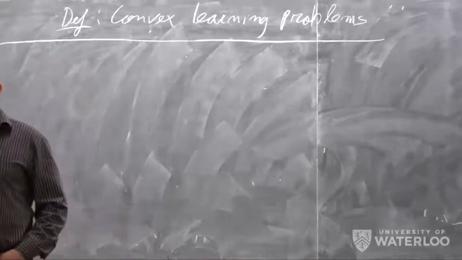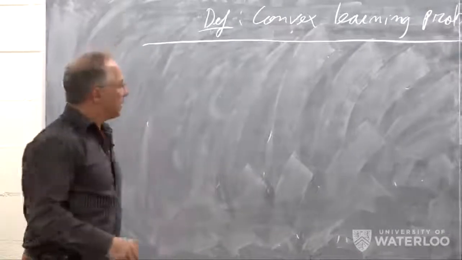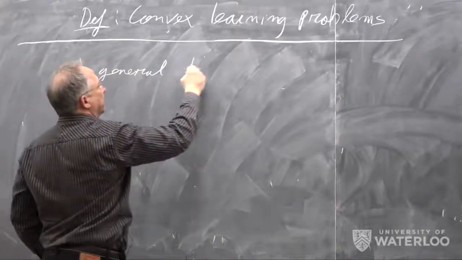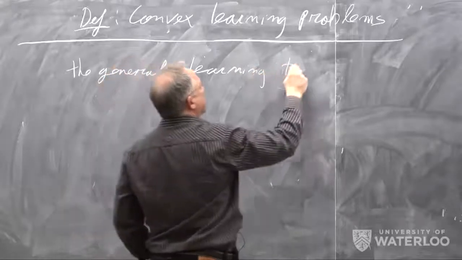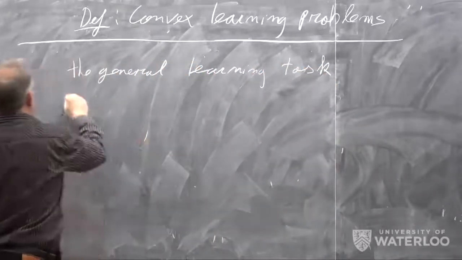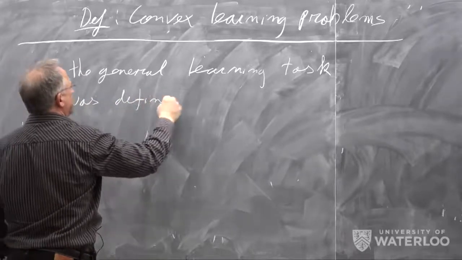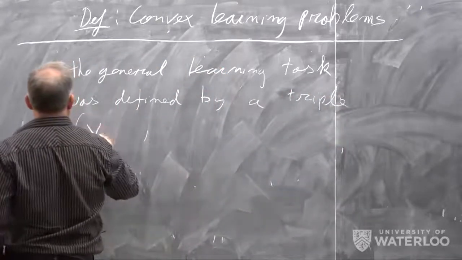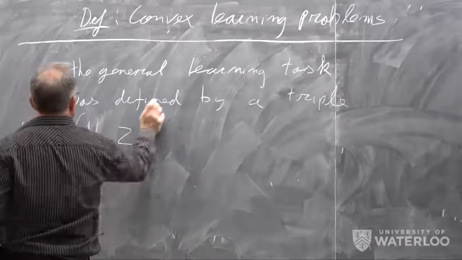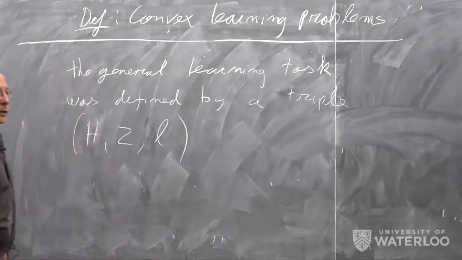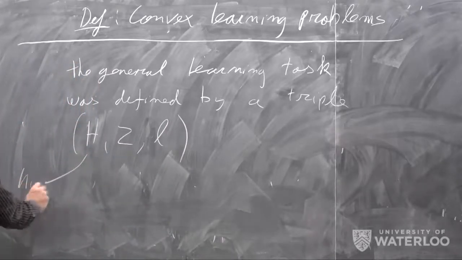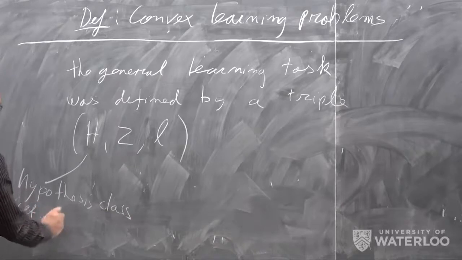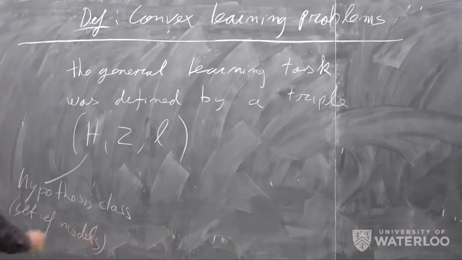So let me remind you the general setting of learning that we talked about. Our general learning task was defined by a triple x, h, z, and l, where h is some set of models or hypothesis class or set of models that we want to choose from.